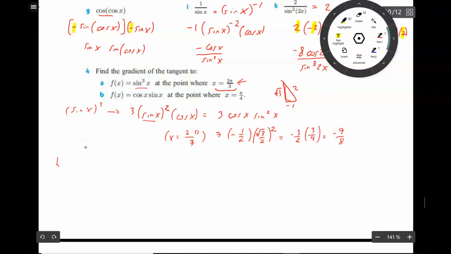Last one, 4b. f of x equals cosine x times sine x at the point where x equals pi over 4. Okay, so let's find the derivative of cosine x sine x. That's a product, right? So we could say this is u and this is v.